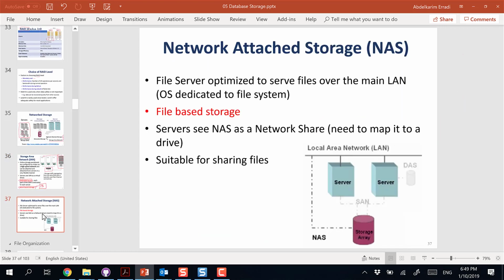The other solution, a cheaper one, is the NAS, which is known as network attached storage. Here, you can think of it as a file system. It's nothing but a file system, and users will see this as a drive. You go and map it, add it to, let's say, Windows Explorer, and you can read and write files. So it's excellent for managing files.